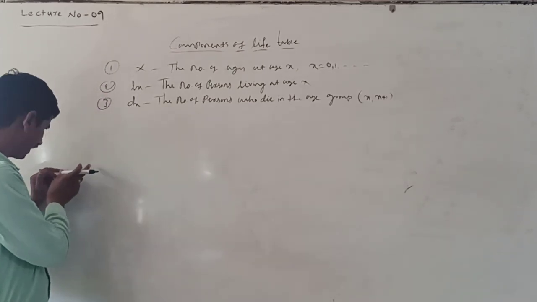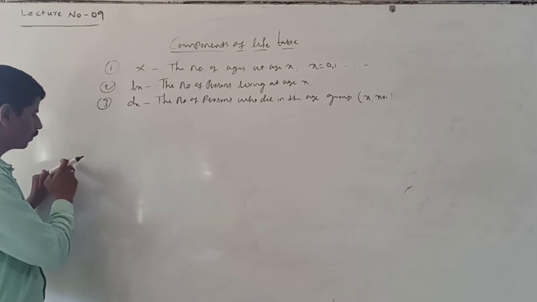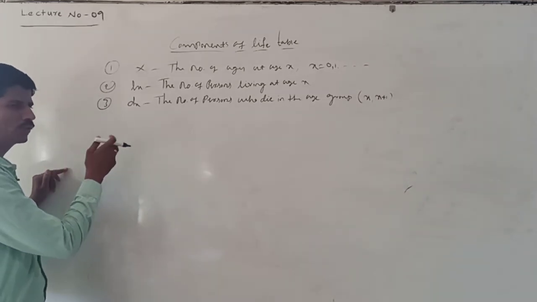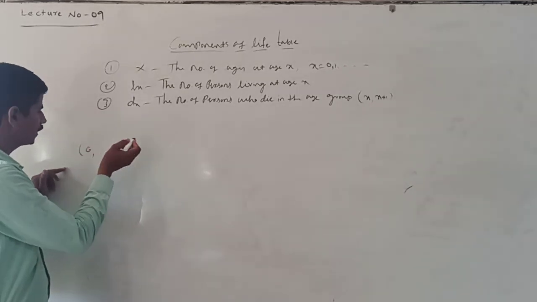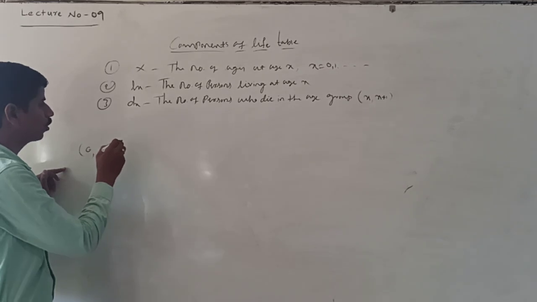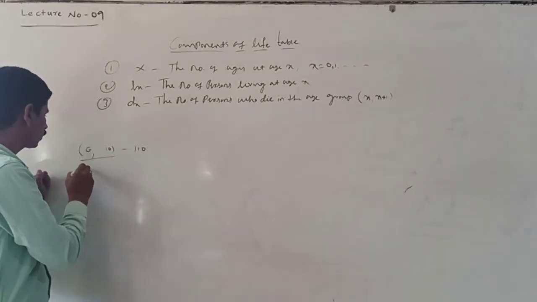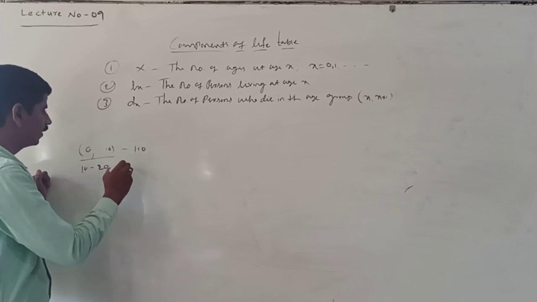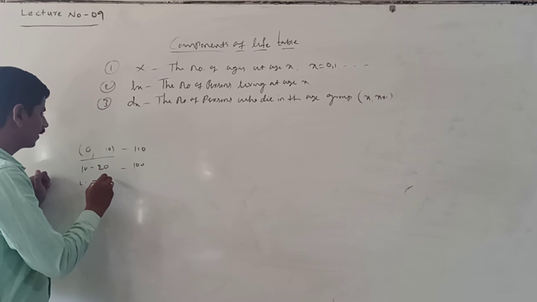Here for example x is 0 and x plus 1 is 1, 1 plus 1 is 2, 2 plus 1 is 3 and so on. Then the number of persons who died in the age group 0 to 10 is 110. Next 10 to 20, that is 100. 20 to 30, that is 90.